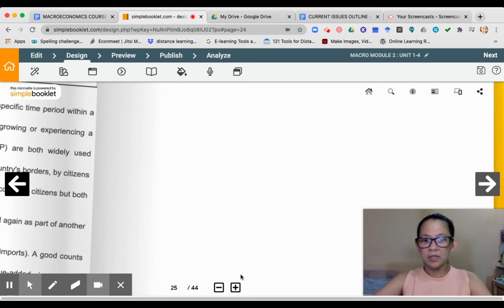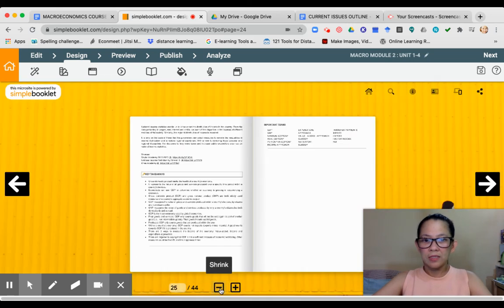If you look at this simple booklet, you would see that I included here some important terms that you need to make sure that you understand and know by heart, because this is basic macro, as well as a summary of the topics that were discussed.